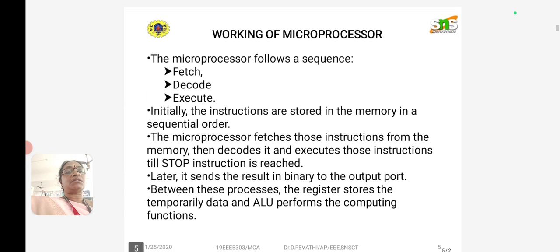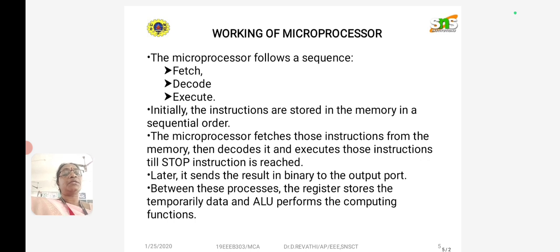Next is the working of the microprocessor. The microprocessor follows a sequence. First it fetches the instruction, decodes the instruction, and then executes it. So the sequence is fetch, decode, and execute. Initially the instructions are stored in the memory in sequential order.